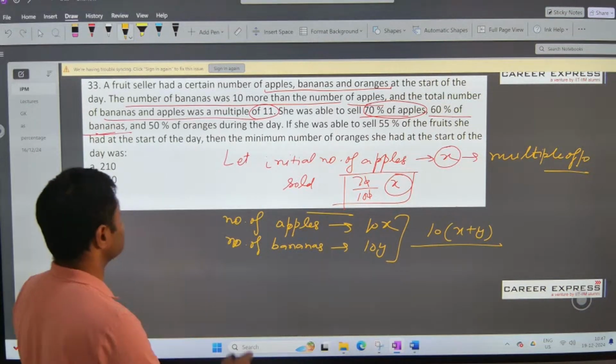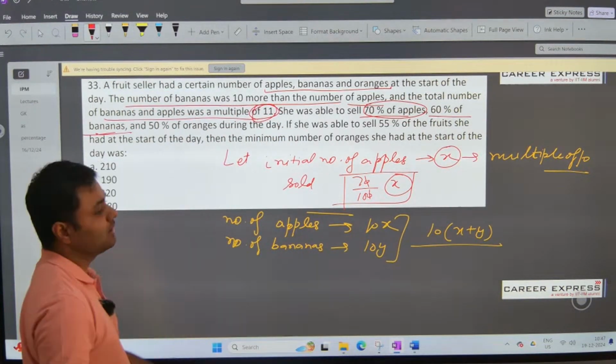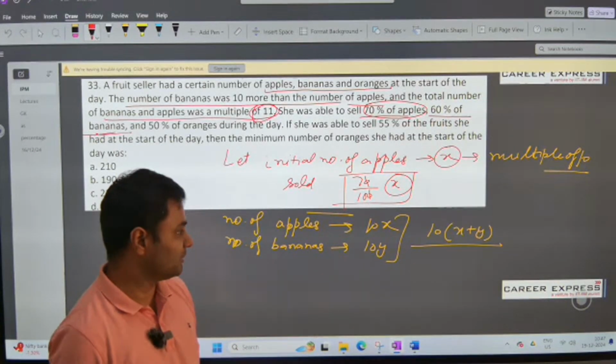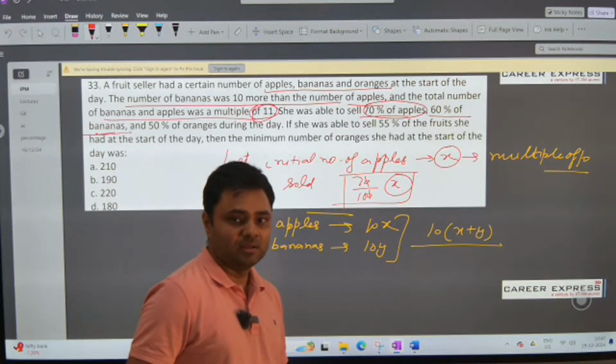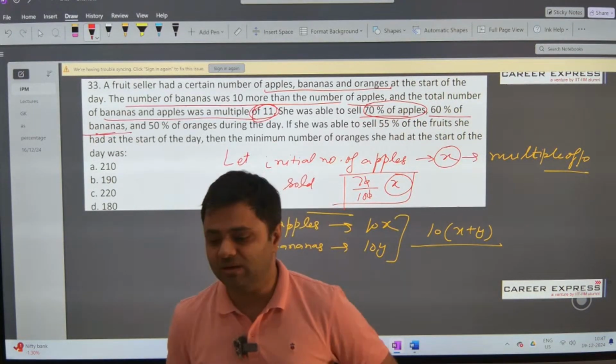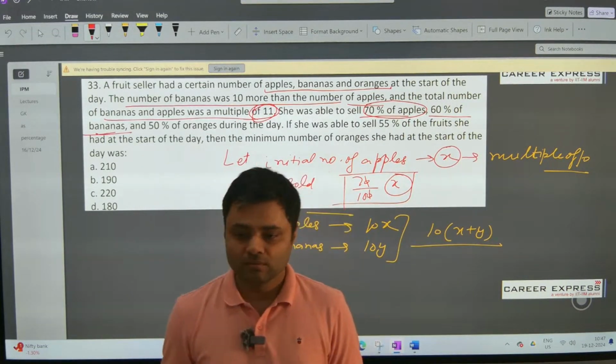And the question says that this is also a multiple of 11. The total number of apples and bananas that was initially there should also be a multiple of 11. So a number is a multiple of 10 as well as of 11. That means it should be a multiple of their LCM, that means 110, right?